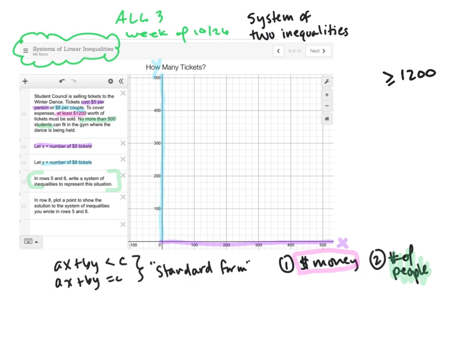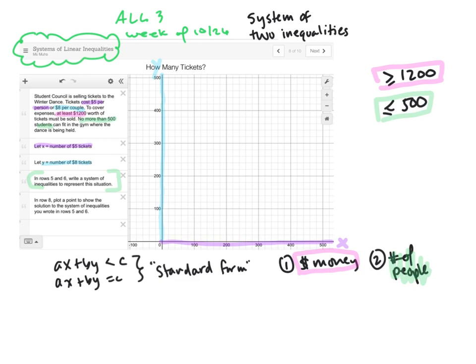And then for this, in first period I messed up, but it's 500 is our boundary, no more than. So that means that's my upper bound, and 500 is actually allowed. And so in first period, we accidentally, by we I mean me, we accidentally just called it a strict inequality, but actually it includes it.